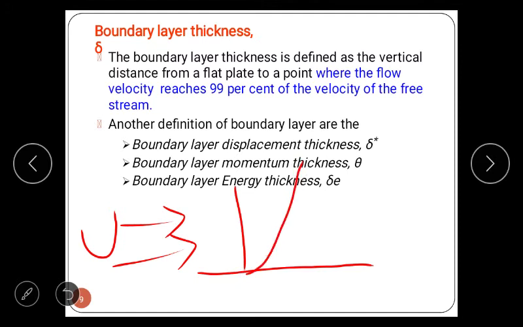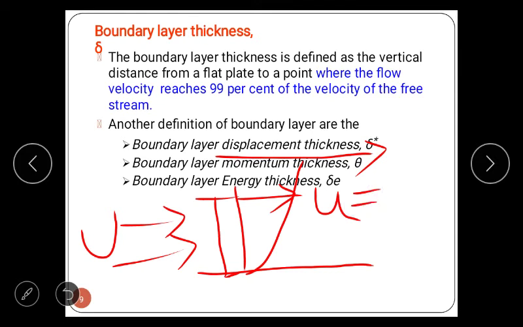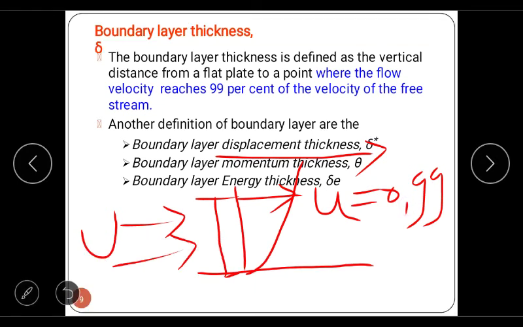The free stream velocity will appear somewhere at the top, but this is the distance where we get small u equal to 0.99 of this free stream velocity. That distance is known as boundary layer thickness, denoted by delta.